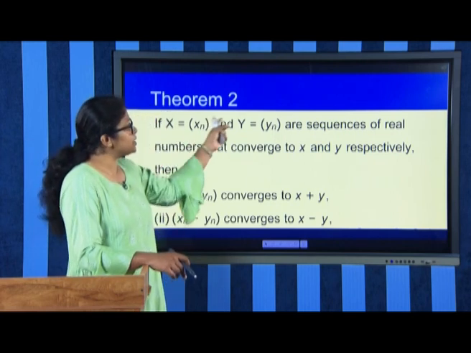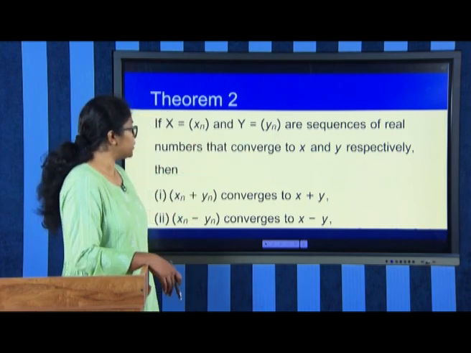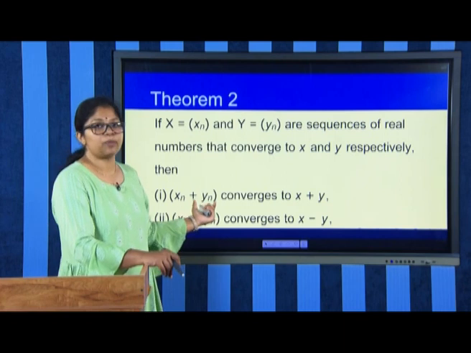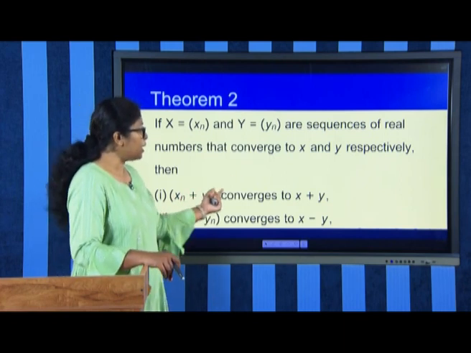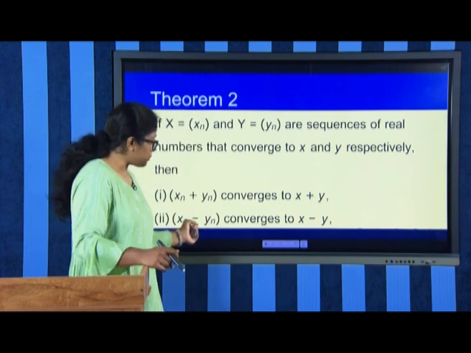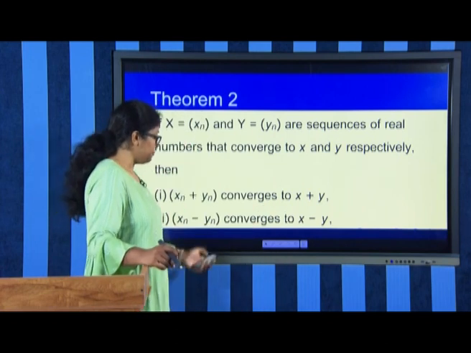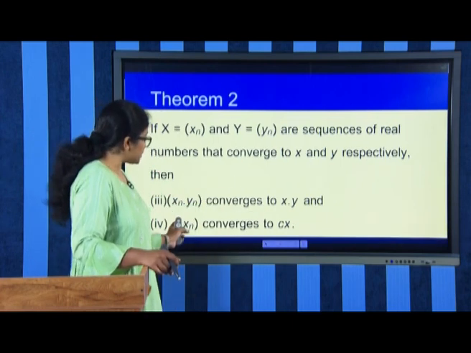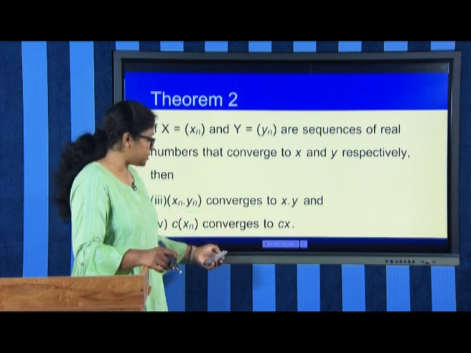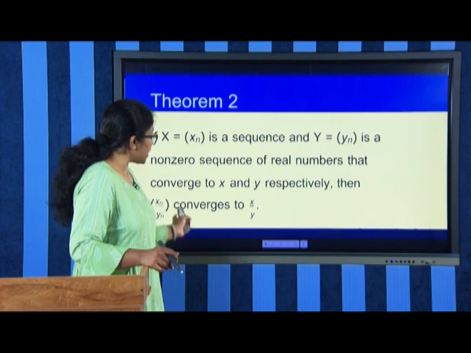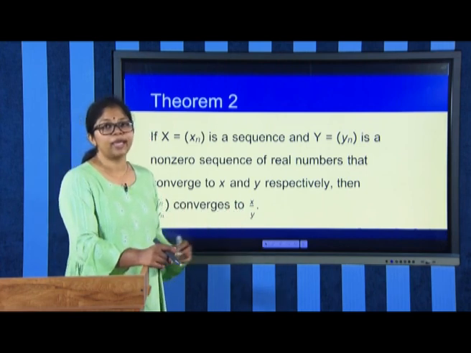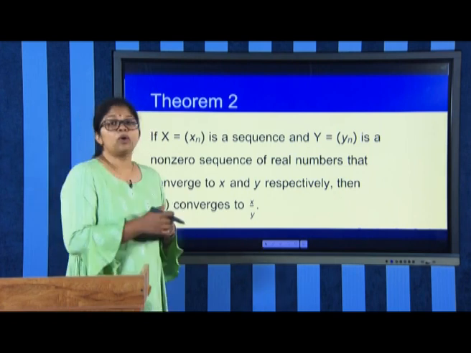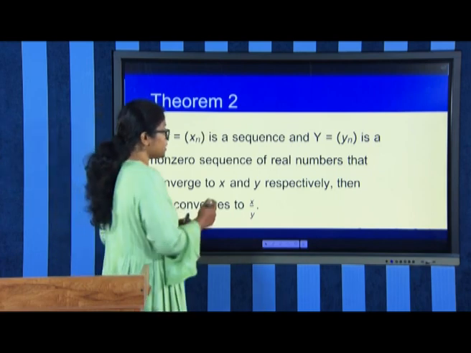So, if sequence xn and sequence yn are two sequences of real numbers that converge to x and y respectively, then xn plus yn converges to x plus y, xn minus yn converges to x minus y, xn into yn converges to x into y, Cxn converges to C times x, and xn by yn converges to x by y, provided the denominators are non-zero. So, these are called the algebra of limits. We can discuss them one by one.